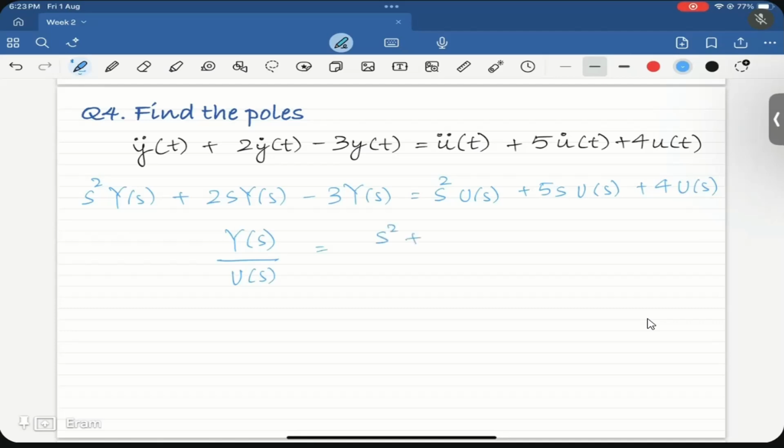We are not taking initial conditions? No, the initial conditions are assumed to be zero. That is the definition of transfer function. We have to consider all initial conditions as zero. So (5s plus 4) divided by (s square plus 2s minus 3). Okay, so this is the transfer function of this system.